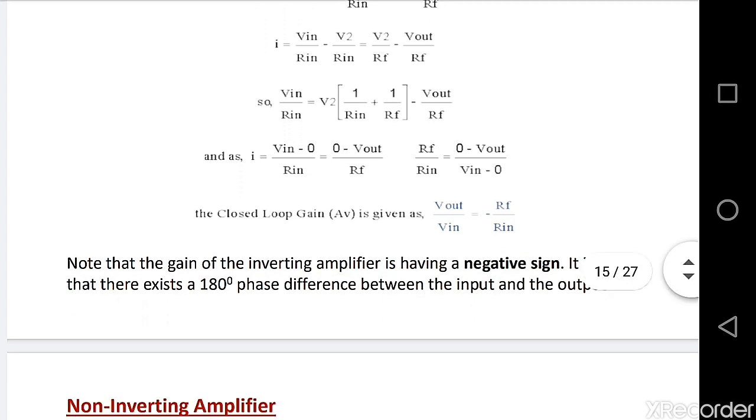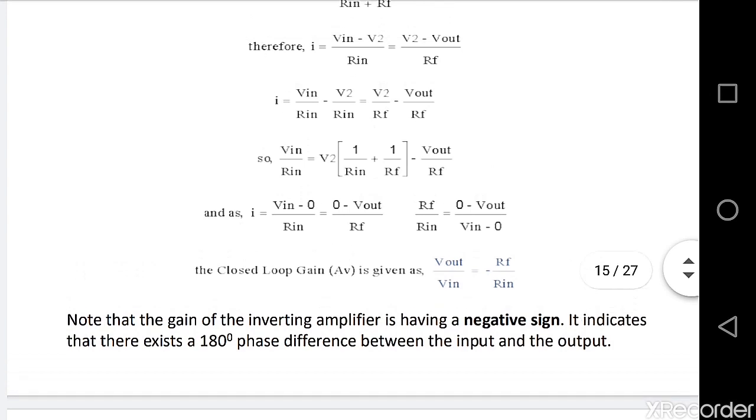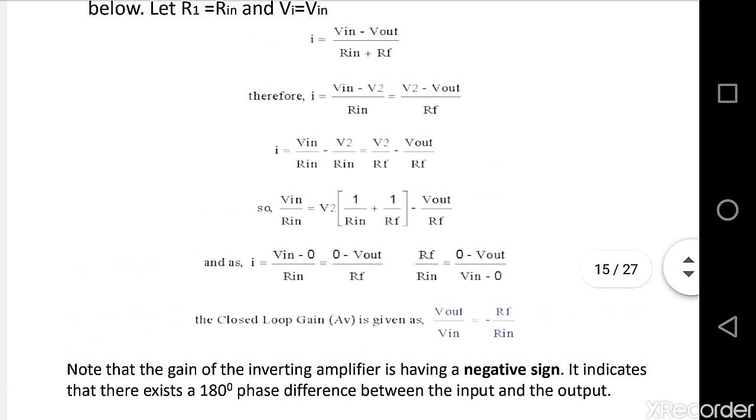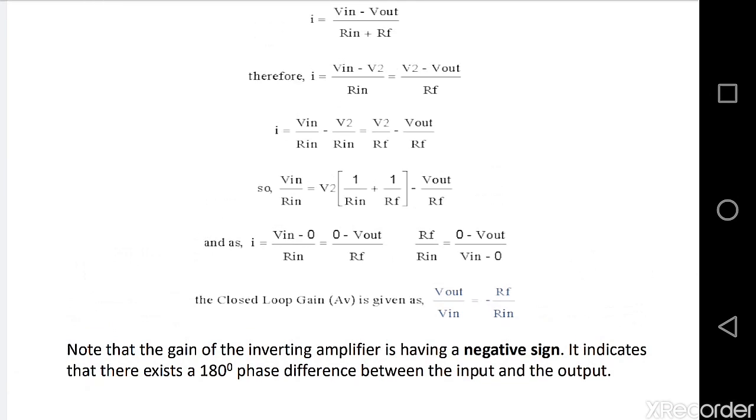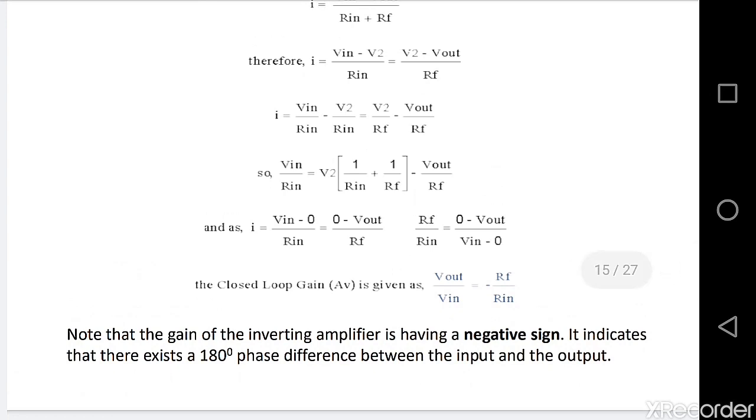Now we take V2 as 0 volts. From the above equation, we have to put V2 as 0.